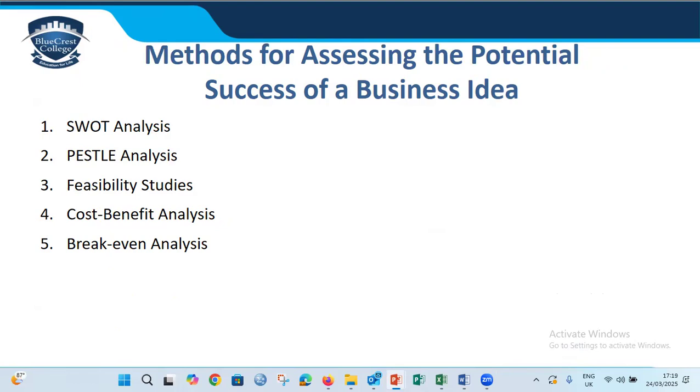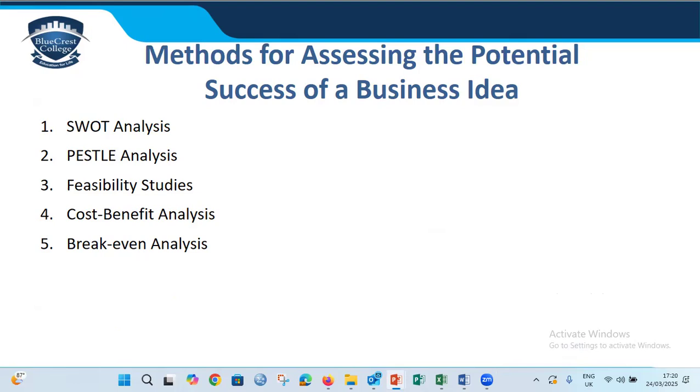So there are also methods of assessing whether a particular business idea will succeed or not. Okay, you can choose a SWOT analysis where you check the strengths, the weaknesses, the opportunities, and the threats of the idea you have come up with.